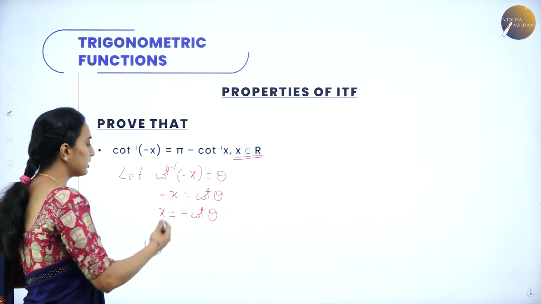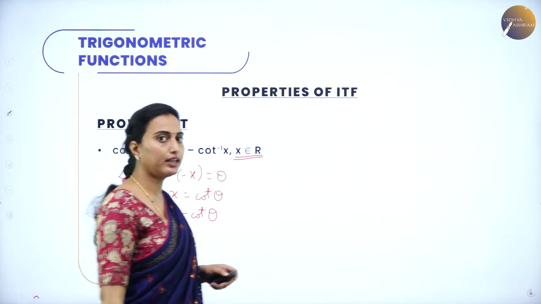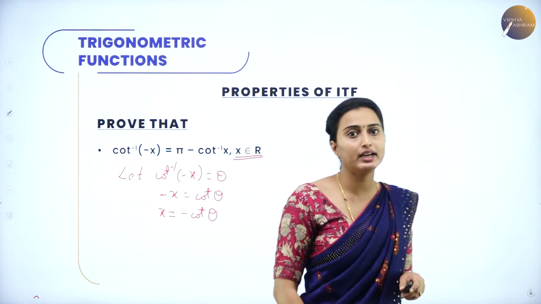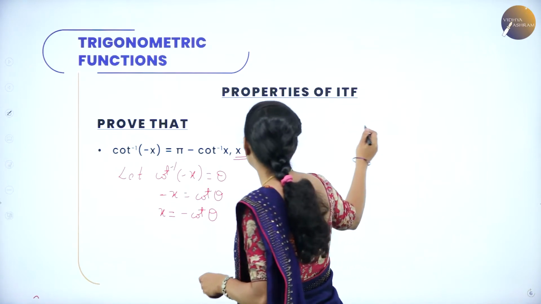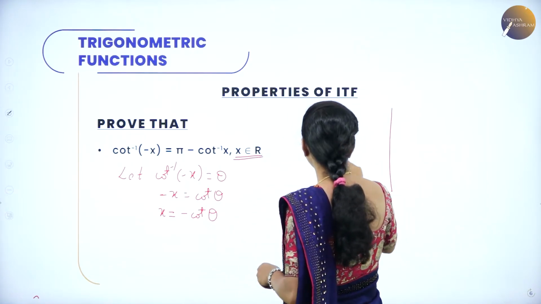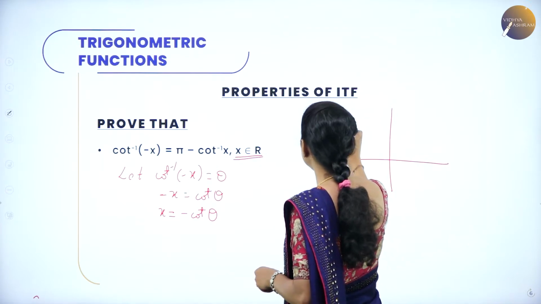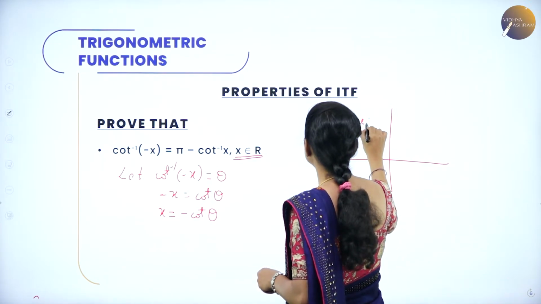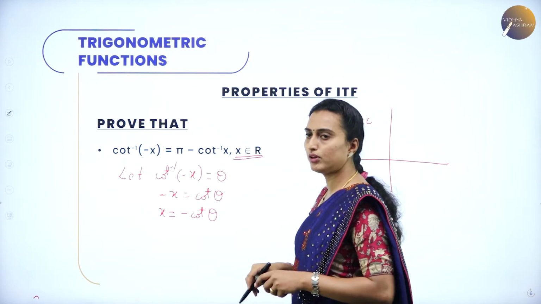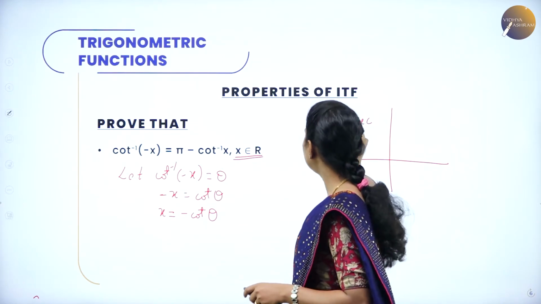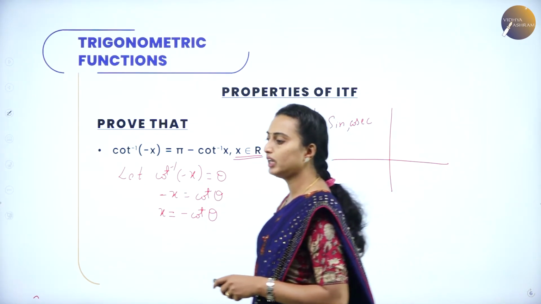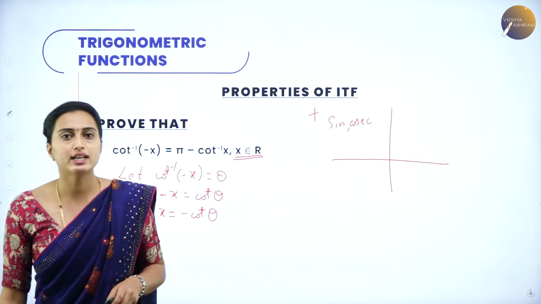Where is it minus cot theta? Cot theta I can write it as cot of 180 minus theta, isn't it? In the second quadrant, here only sine and cosecant are positive. Sine and cosecant are positive, remaining all are negative. So therefore, cot of 180 minus theta is minus cot theta.